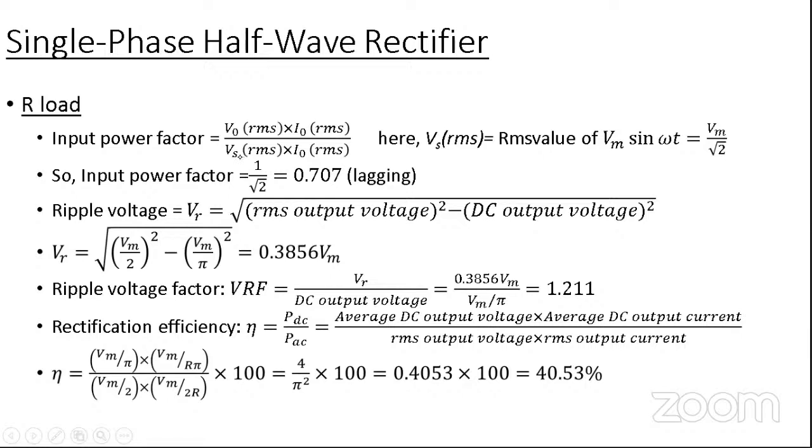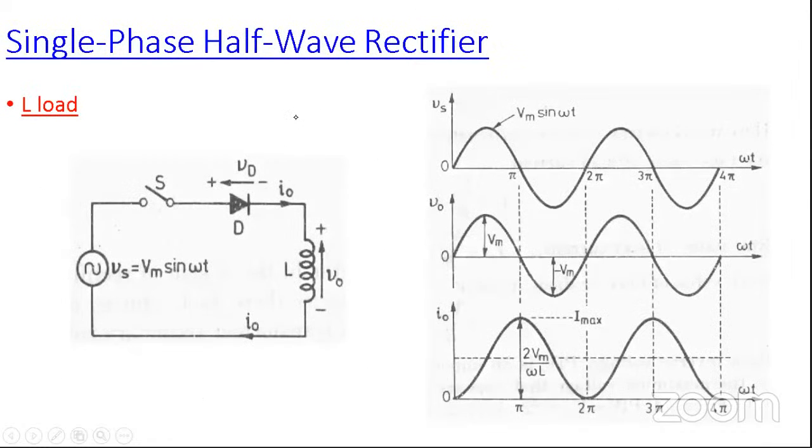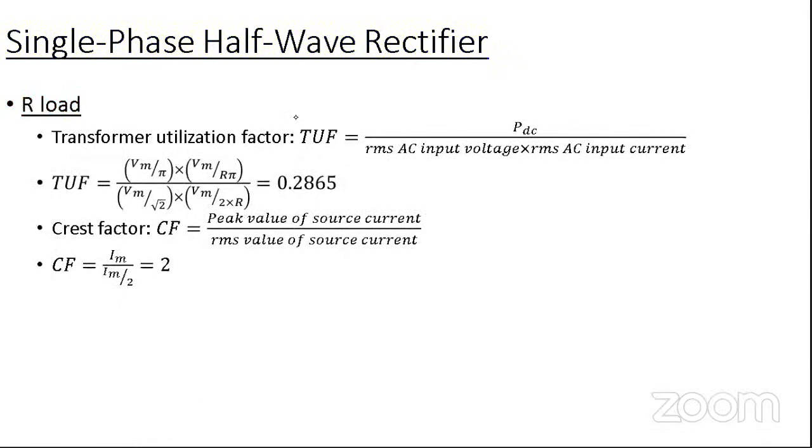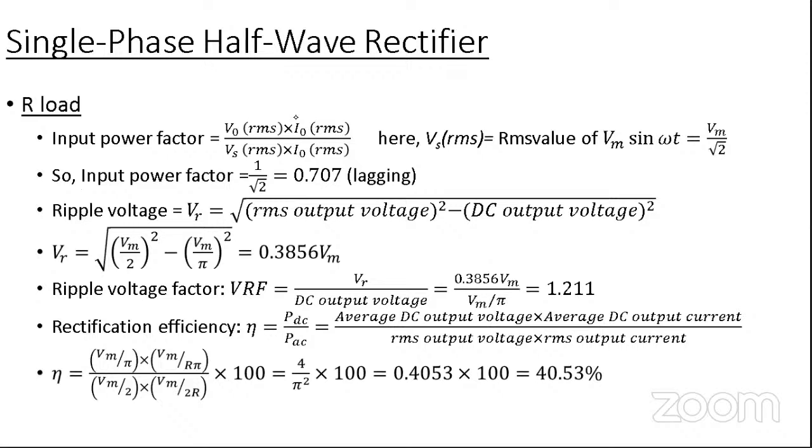And what is the input power? The supply voltage is Vs, because the supply voltage is always present during the whole cycle, but the output current, the supply current, is 0 in part of it. So in that way you find the input power factor.